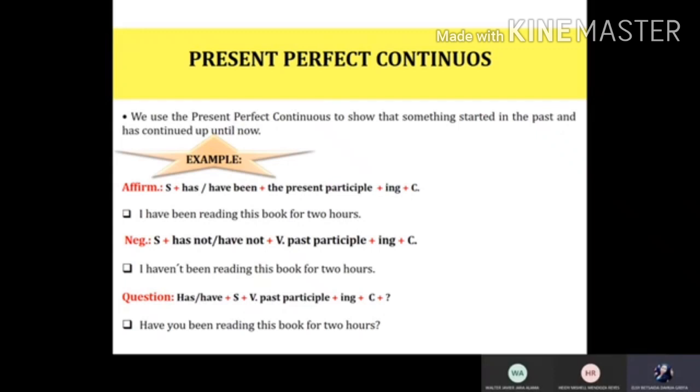In question, the structure is have or has plus subject plus been plus verb plus ing plus complement plus interrogative question. For example, have you been reading this book for 2 hours?